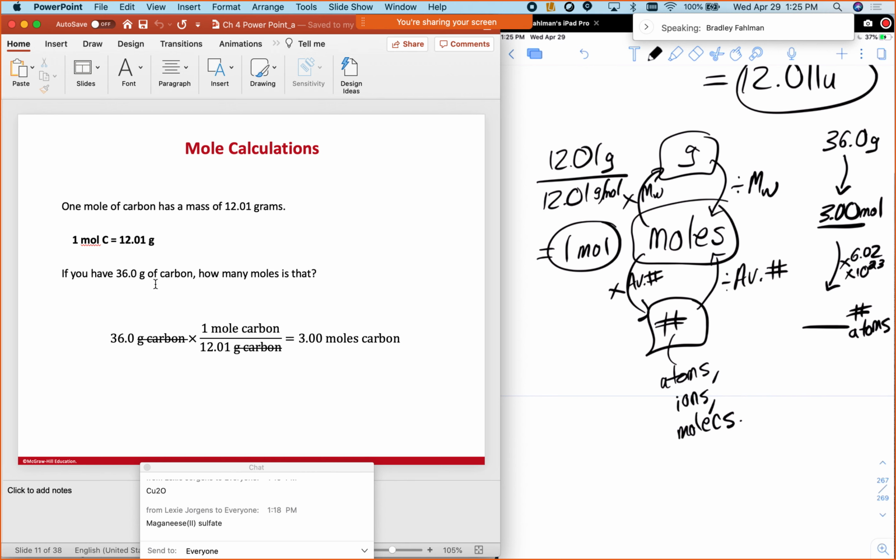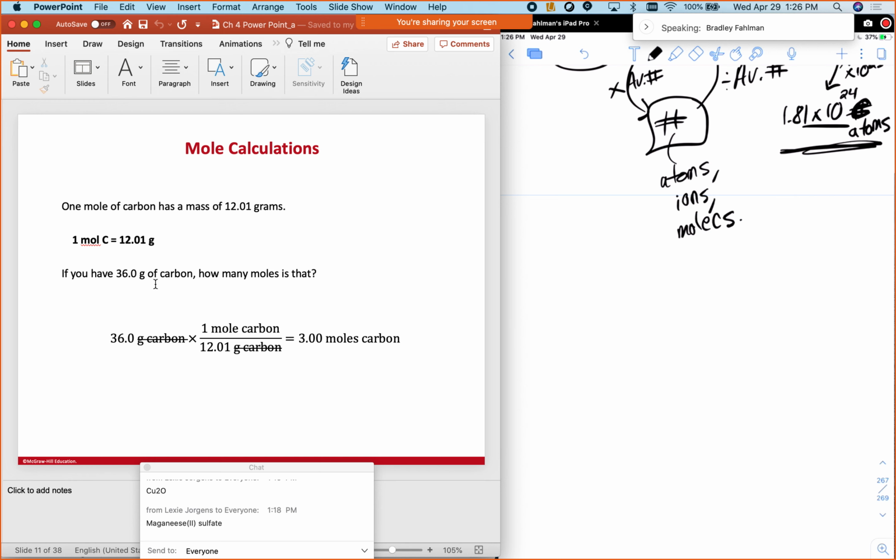So that's 3 times 6.02 e to the 23rd, which is 1.81 times 10 to the 24 carbon atoms. There'll be a few questions related to this, going from moles to grams or vice versa, or number of something.